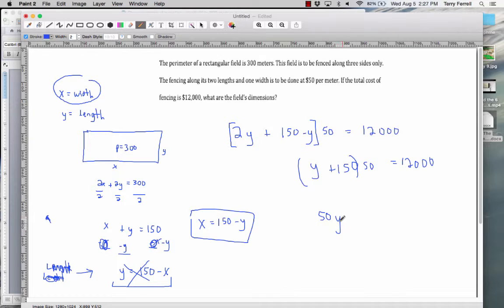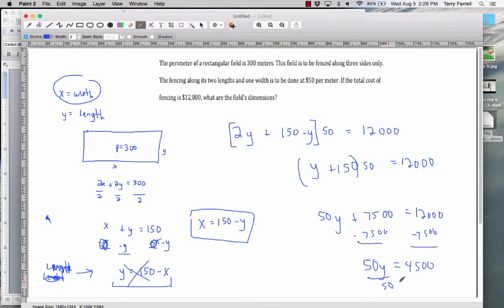Distribute. That's 50y plus 7,500 equals 12,000. Now I'm going to subtract 7,500 from both sides. So 50y is equal to 12,000 minus 7,500, which is 4,500.